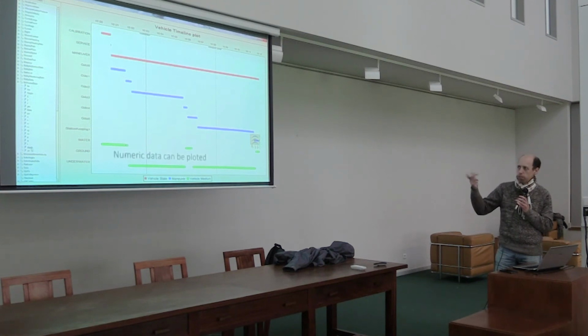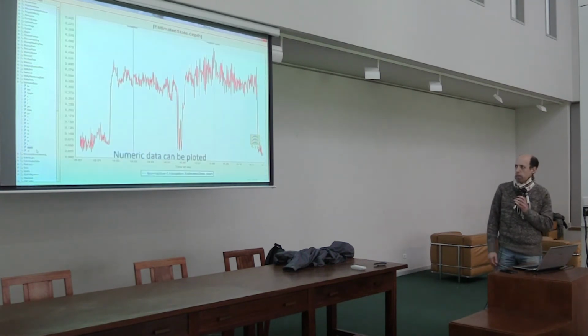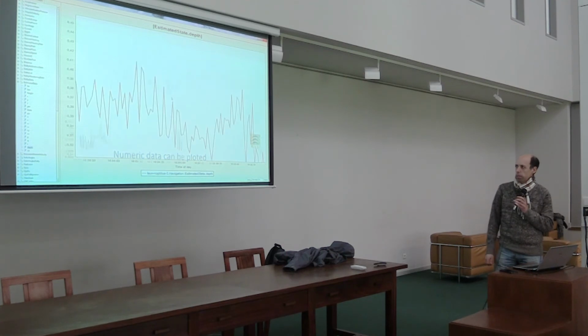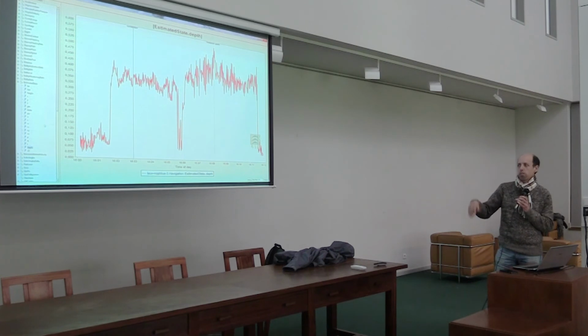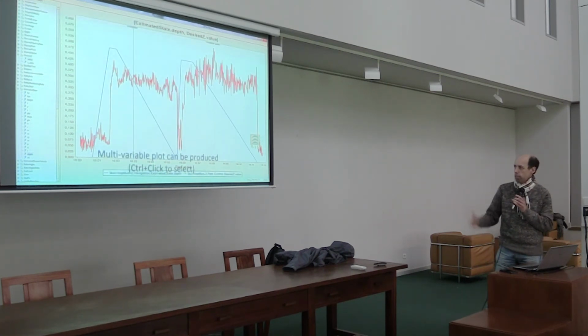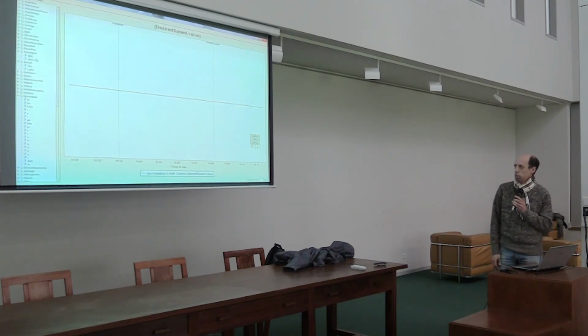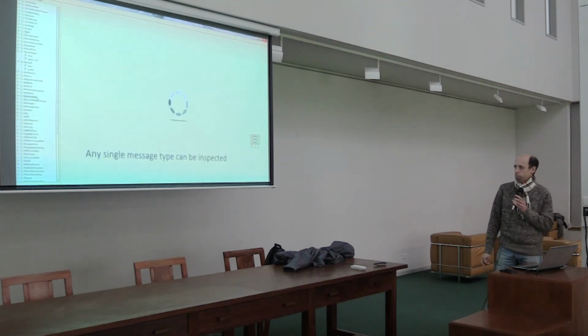So you can select, for instance, depth and see the plot. And if you want to correlate some data from one message to another, you can select multiple variables and plot the data together. So you can see in this case the estimated depth and the desired depth. As you can see, the vehicle was following the desired depth.